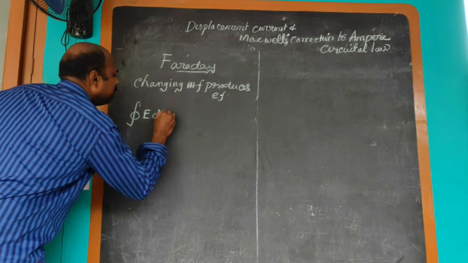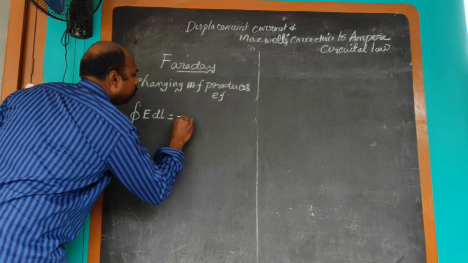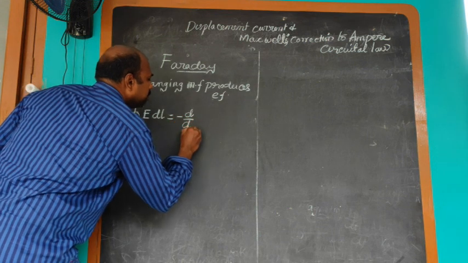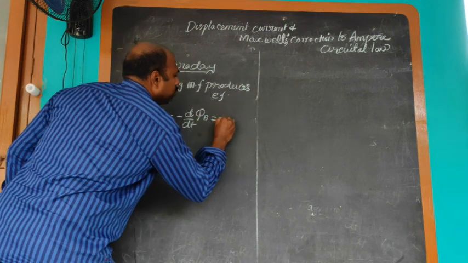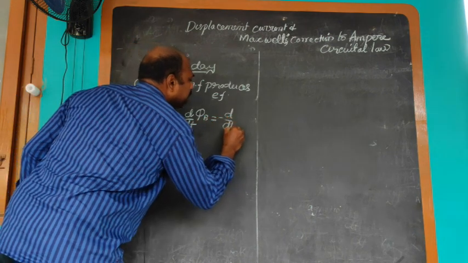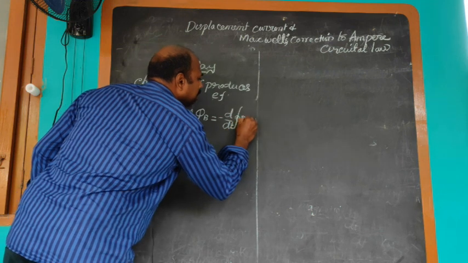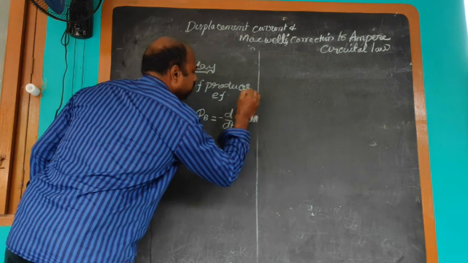The electric field produced is equal to the rate of change of magnetic flux. So that is equal to minus d by dt integral B dot dA.